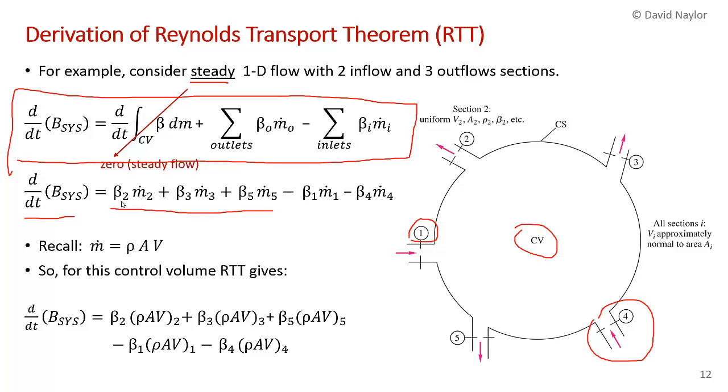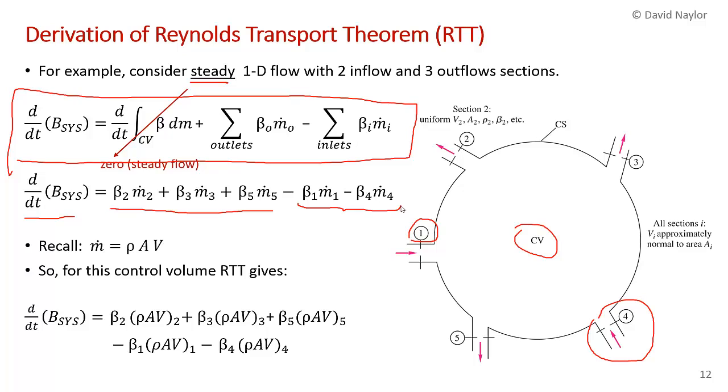That's beta 2 M2 dot, beta 3 M3 dot, beta 5 M5 dot, that's where the flow is going out, minus the inflows, which is beta 1 M1 dot minus beta 4 M4 dot.